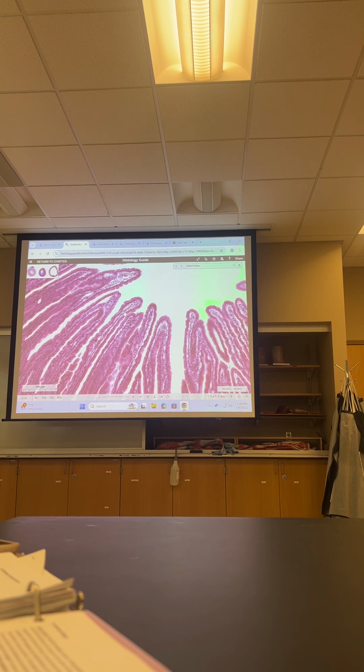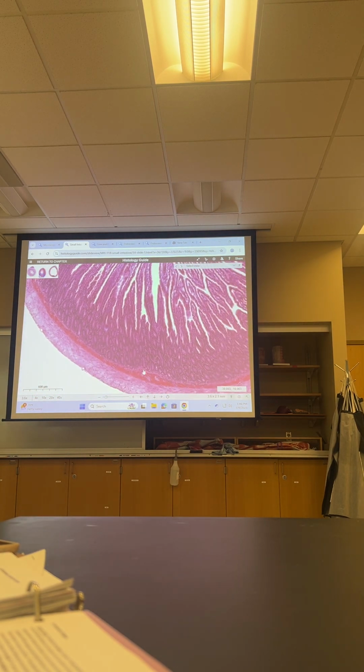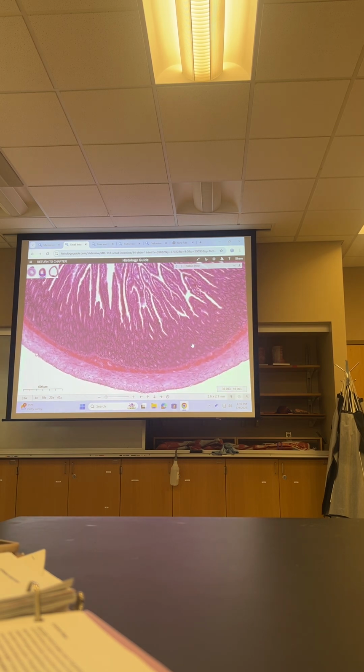And then inside of it is the lamina propria, so that connective tissue. And then as we follow down, the difference is there are no glands in this. So these look like glands, but these are still part of the villi up here.